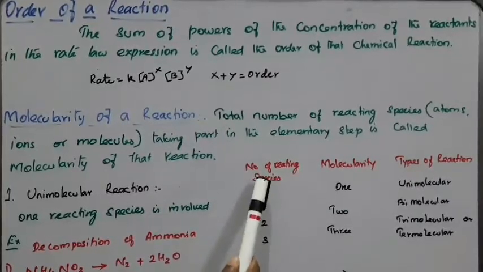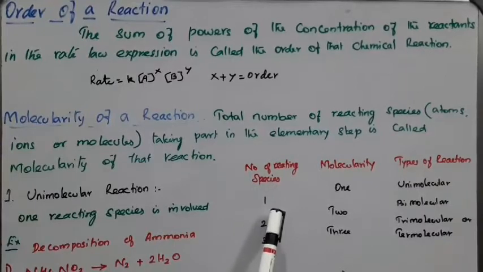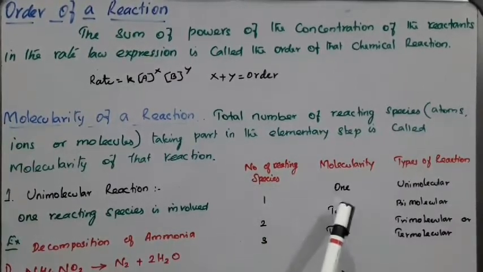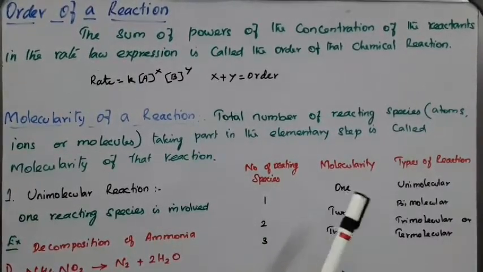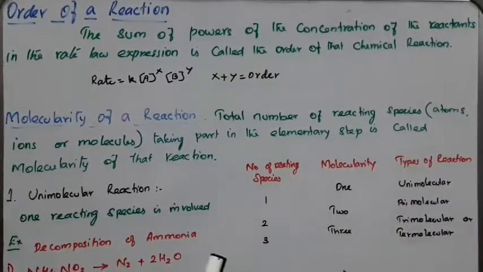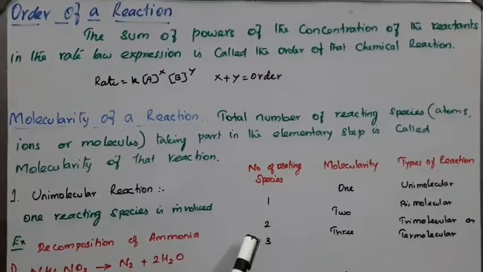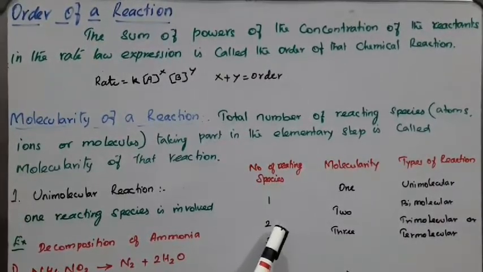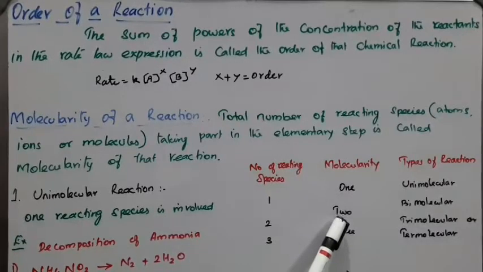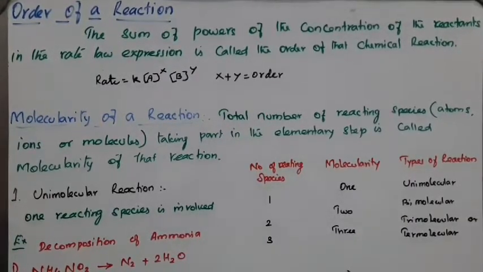Suppose only one reactant undergoes a chemical reaction, the molecularity is 1, and that reaction is called a unimolecular reaction. Suppose two reacting species undergo a chemical reaction, the molecularity is 2, and this reaction is called a bimolecular reaction.